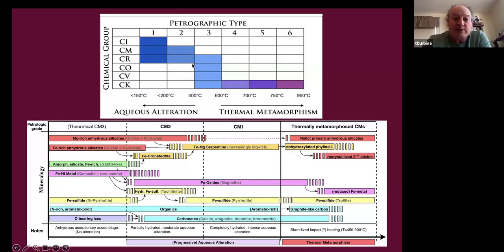But the classification we really care about is the CM2, and it's kind of reversed on the scale. There are all these different minerals depending on how much heating there is. So the CM2s have been aqueously altered. They have phyllosilicates in them. They're very dark. There's lots of organics and things like that.